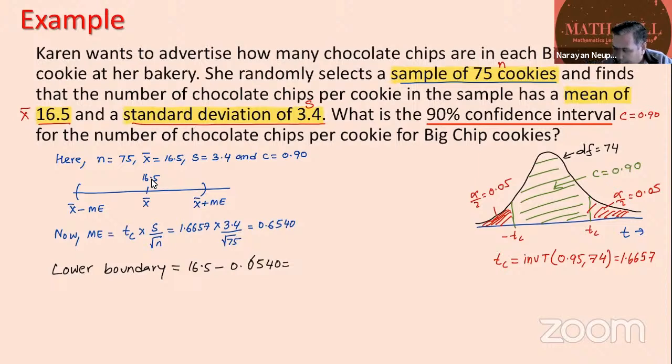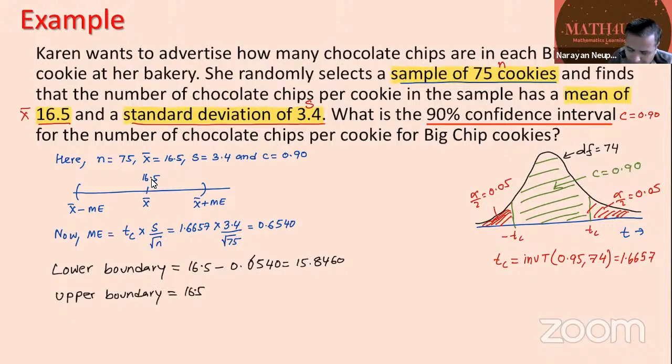So when you subtract that, it should be 15 point, make sure you check it, 15.8460. Similarly, the upper boundary will be 16.5.